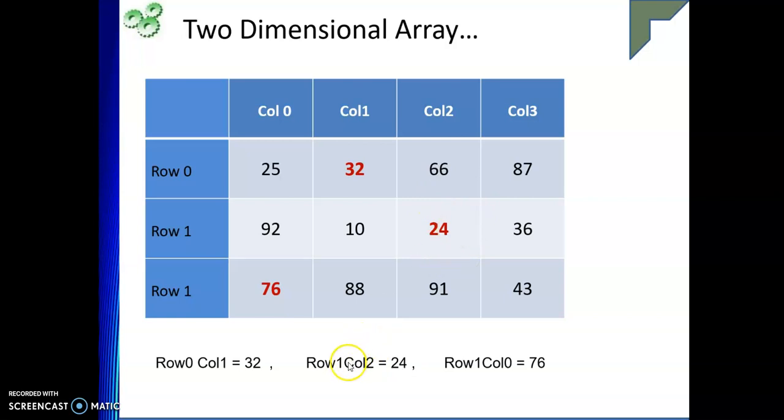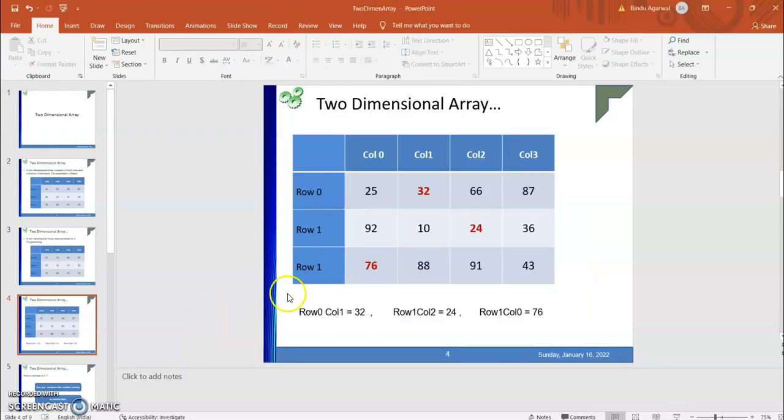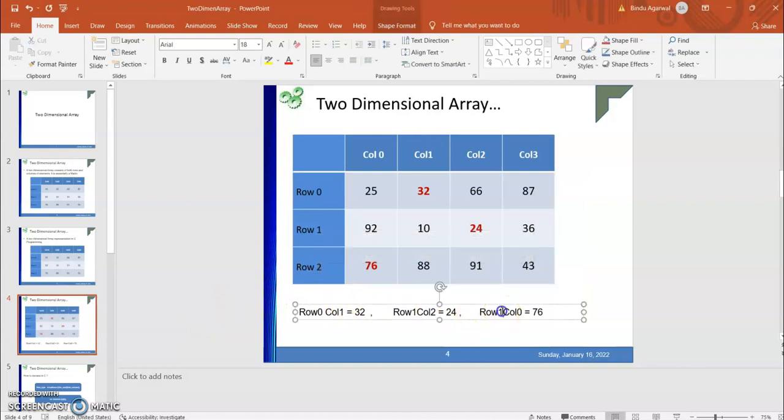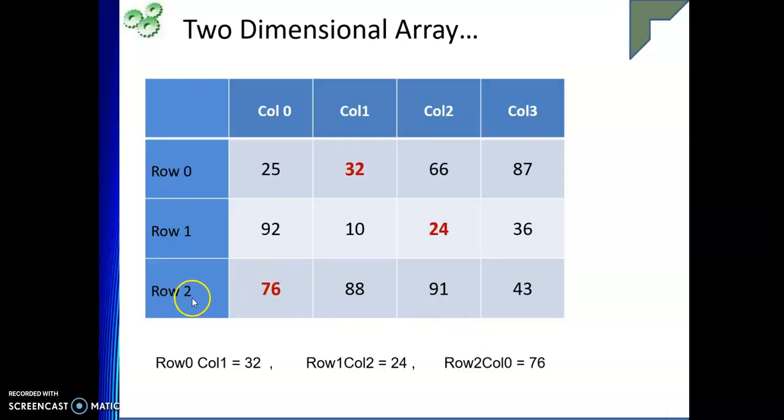Again, a mistake that I have made. It is actually 2 here, and this will also be 2, right? Okay, moving on. We have row 2 and column 0. So row 2, column 0, we have 76, or I can say 20.